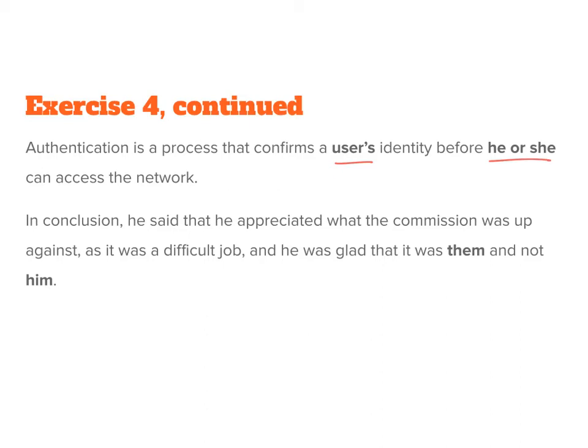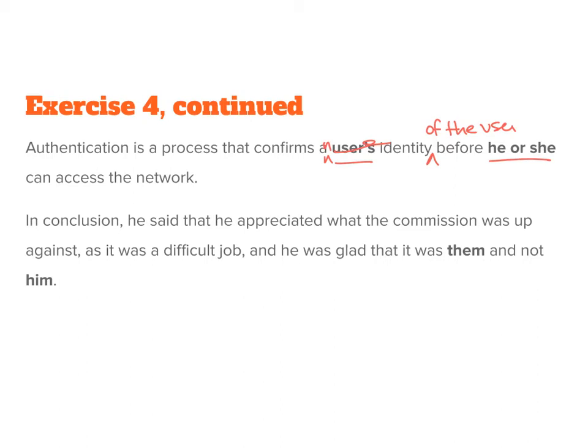So there's ways to make things look possessive without using a possessive pronoun. What you would do is you would take out user's, you would then go "identity of the user," and that's a way of indicating possession without using the possessive case pronoun or possessive case noun. And then he or she, because the user is singular, matches, all is good, we've got everything fixed.